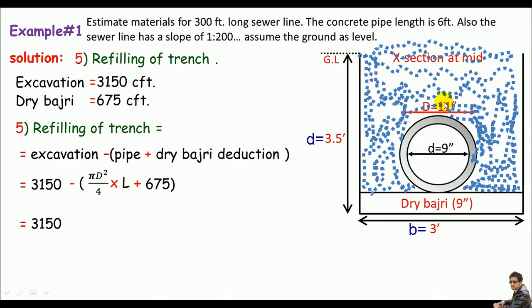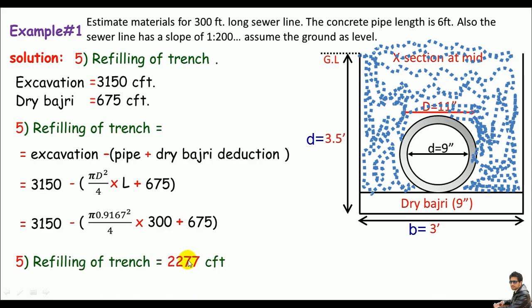To convert 11 inches into feet, divide 11 by 12, and we get 0.9167 as the external diameter of this pipe. So pi times d squared divided by 4 times the length, which is the 300 feet long sewer line, plus 675, the dry brickwork. Do some maths with this long expression, and you get the refilling as 2277 CFT.